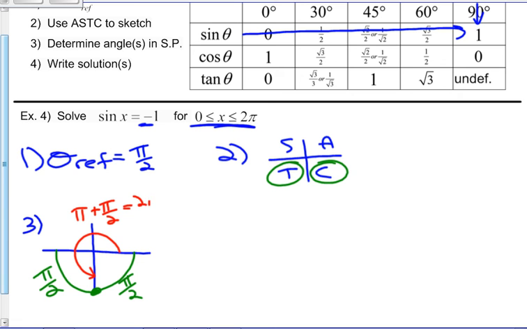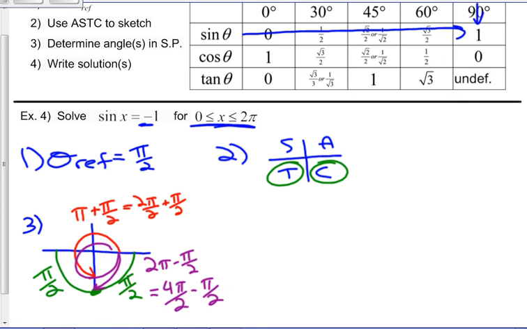Okay, common denominator means that's 2 pi over 2 plus pi over 2. Or you could think of it as a full revolution minus pi over 2. So 2 pi minus pi over 2, which would be 4 pi over 2 minus pi over 2. Any way you slice it, we're going to have an answer of 3 pi over 2, which is 270 degrees and does look like that angle.